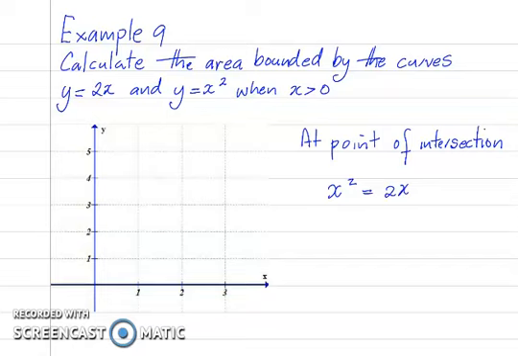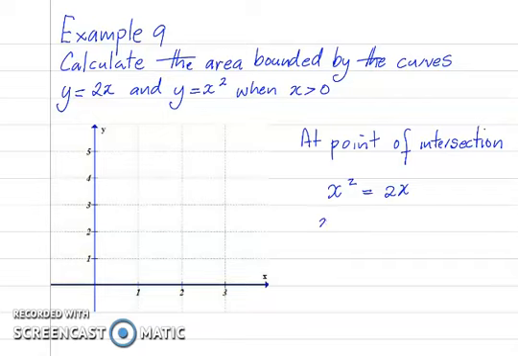The point of intersection is one point that is common to two graphs. Therefore, at the point of intersection, the x-coordinate for the two graphs and the y-coordinates for the two graphs are the same. So the y-coordinate for the two graphs, which is x squared and 2x, at the point of intersection are equal. So let's solve this equation.